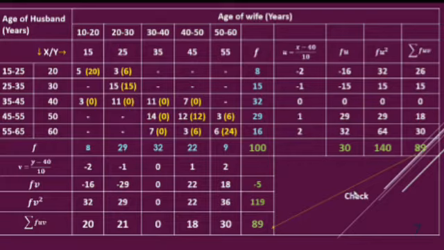This is the way of finding class midpoints. Now come to the x variable. 15 plus 25 divided by 2, 20. 25 plus 35 divided by 2, 30, and so on. You are finding just the midpoints of the class intervals.